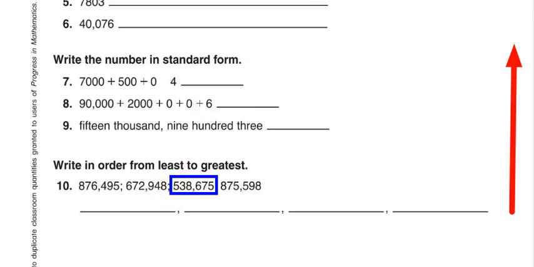Now what comes after this number? We have here 8, we have 6, and we have 8. What is greater than 5 but less than 8? That's number 6. So this is the second one, and now we have to decide which one is the least from these.